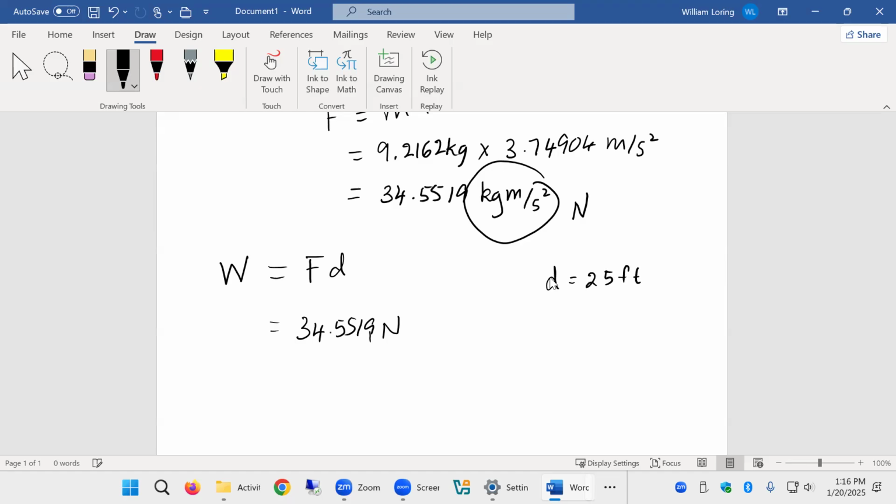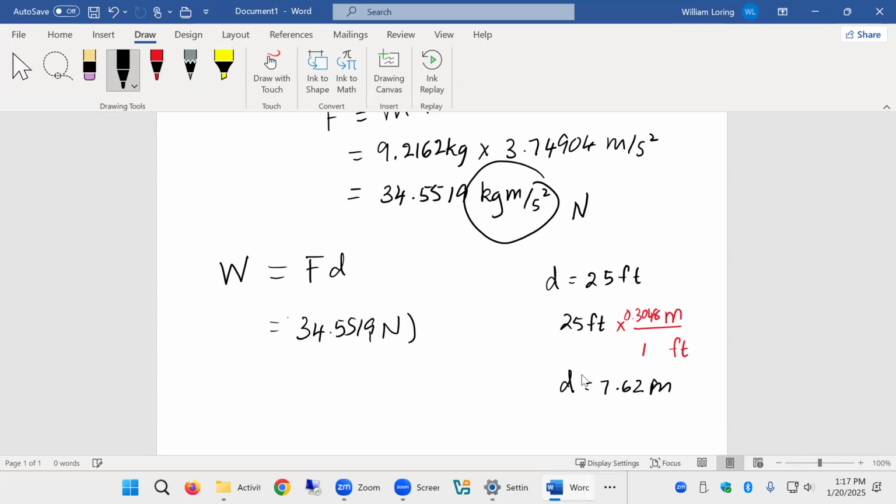How do we convert feet into meters again? You take 25 feet. Use the unit conversion factor. I need to get rid of feet, so it goes at the bottom. Meters go on the top. One foot is 0.3048 meters. If you do that, 25 times 0.3048 gives 7.62 meters.